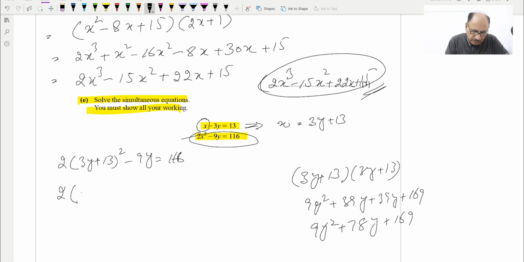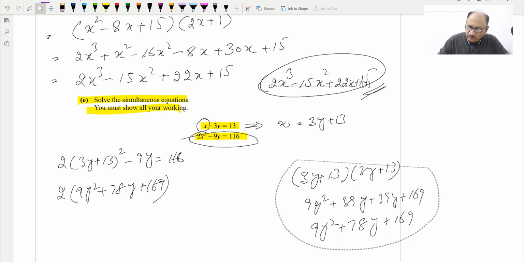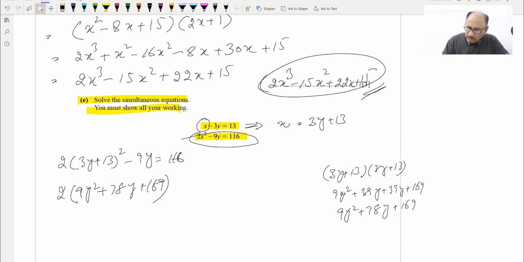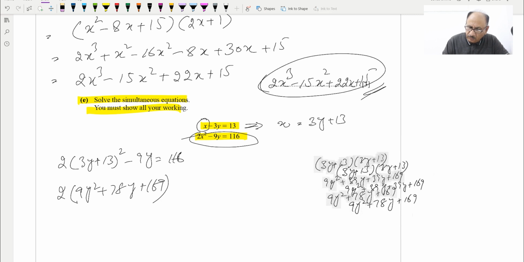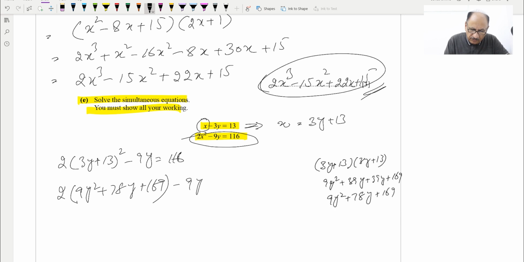So we can copy this: 9y square plus 78y plus 169. If you know the formula a square plus b square plus 2ab, then you can use that formula. That will be an easier approach, but it depends whether you know that formula and how confident you are to apply that formula. So minus 9y is equal to 116.